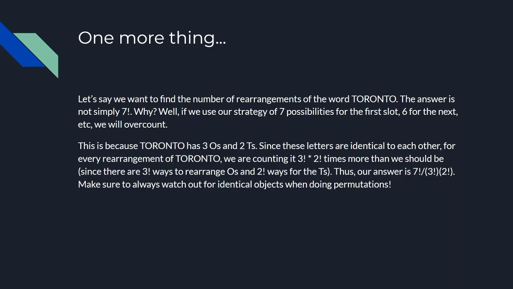Since these letters are identical to each other, for every rearrangement of Toronto, because we're treating these 3 O's and 2 T's as different letters, we're counting it 3 factorial times 2 factorial times more than we should be, because there's 3 factorial ways to rearrange the O's and 2 factorial ways to rearrange the T's. So our answer is 7 factorial divided by 3 factorial times 2 factorial.